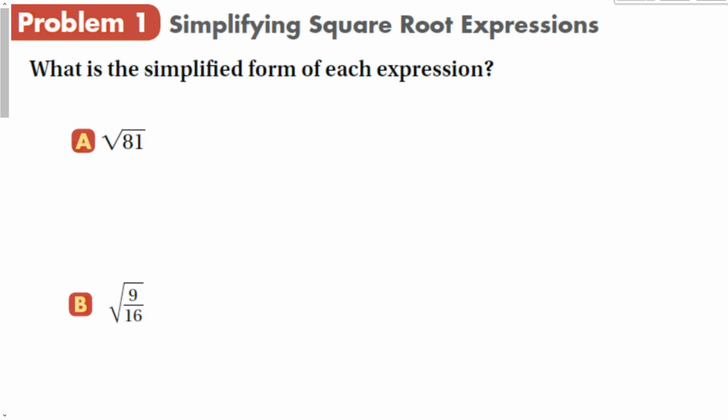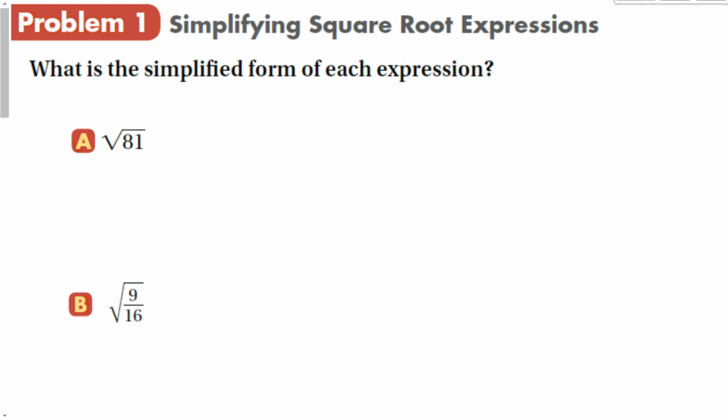To start off, we start pretty simply by simplifying square root expressions. What is the simplified form of each expression? Basically, we just want to figure out what times itself gives me the thing underneath the radical.